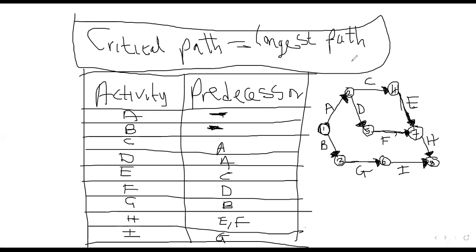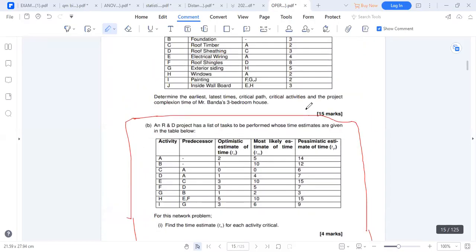So let me explain something here. When we go back to the question, we have this question here. From the question, for A, optimistic is 2, 5, 14. For B is 1, 10, and 12.